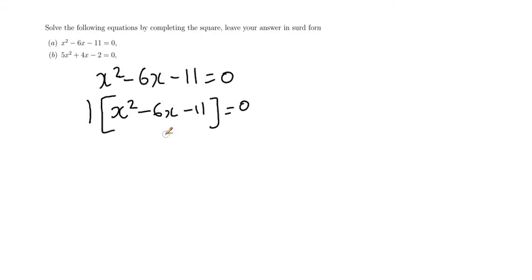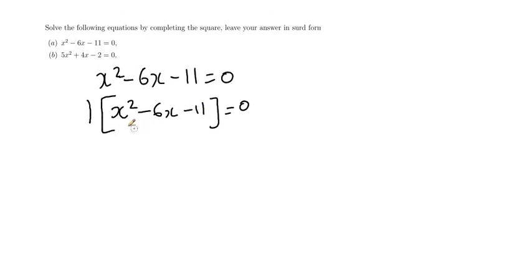So the next thing we do is, of course, these have not changed because we're dealing with 1 as a coefficient. However, you will see, for example, in question B, when we tackle question B, that when we pull out the 5, the coefficient there is going to affect the other terms as well.